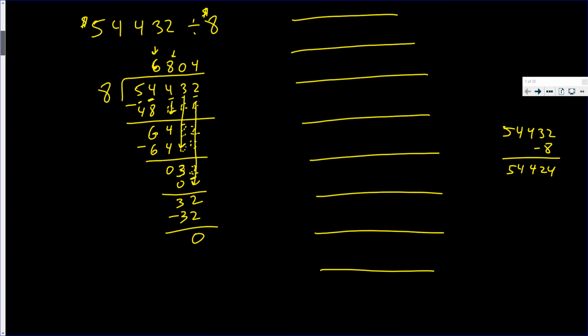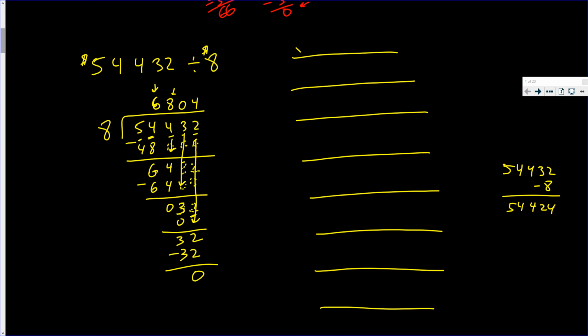And then you put 1 book here, a second, a third, a fourth, a fifth, a sixth, a seventh, and an 8th book. Then you take away 8 more. You get 54,416. And you put the 8 books here. 1, 2, 3, 4, 5, 6, 7, 8.